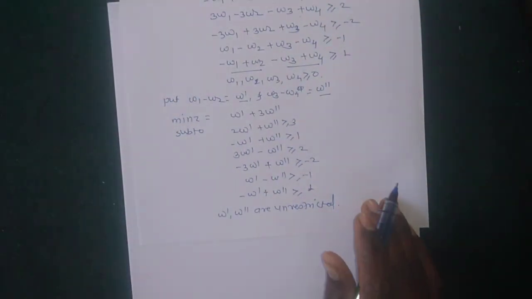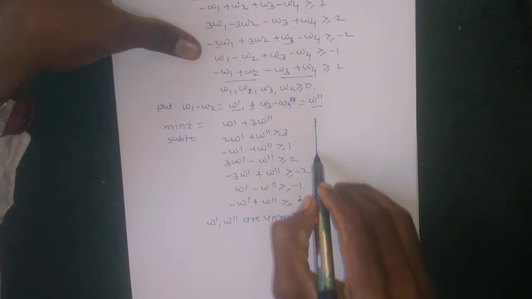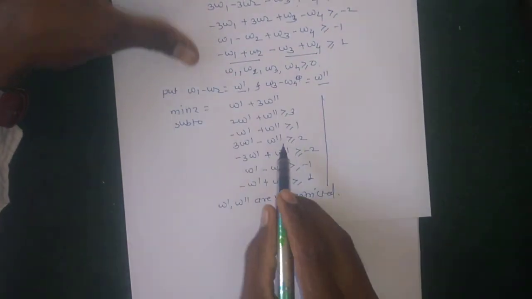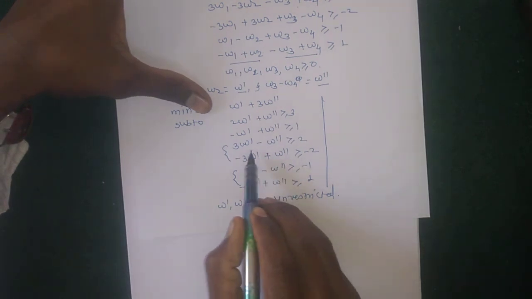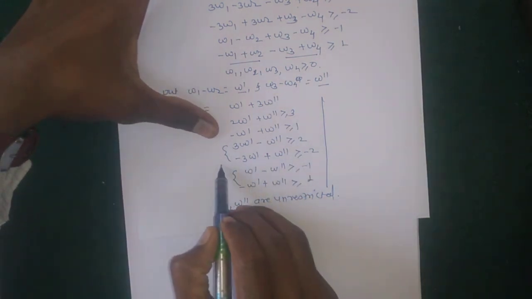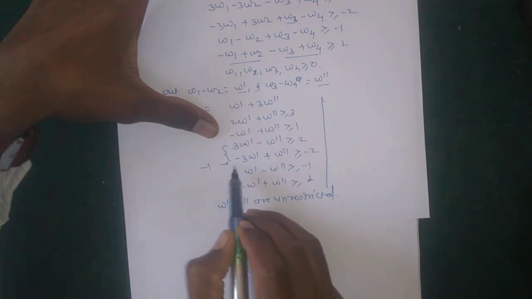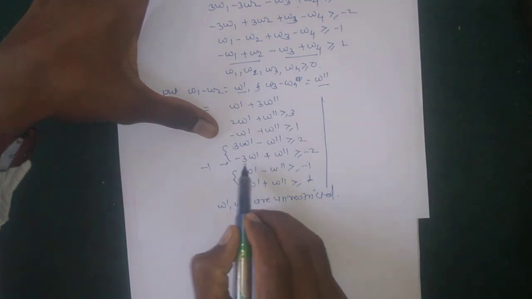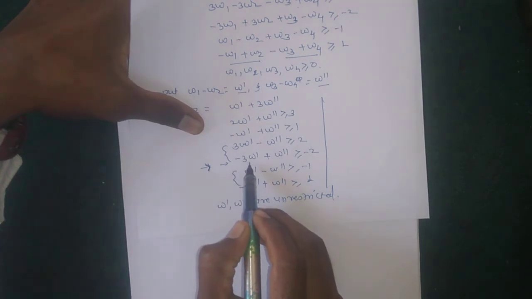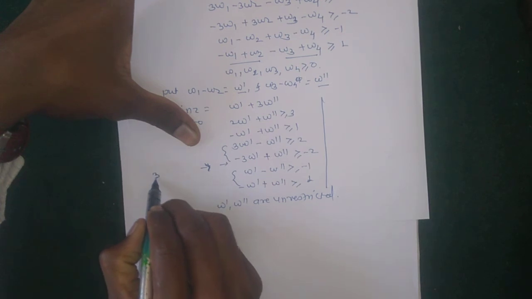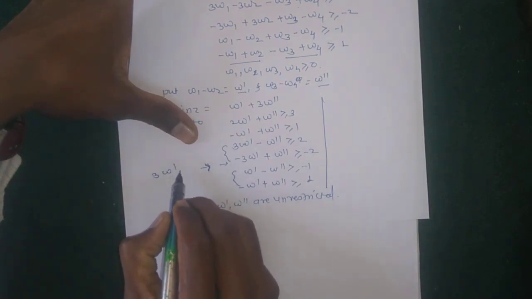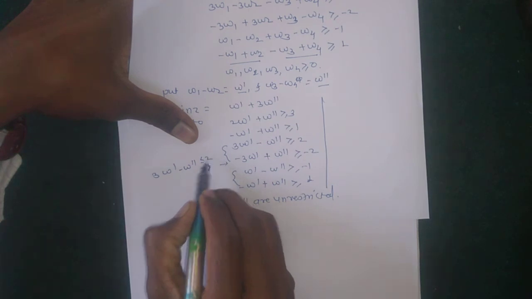Here, one observation: if we multiply the fourth constraint by -1, then it becomes 3w' - w'' less or equal to 2.